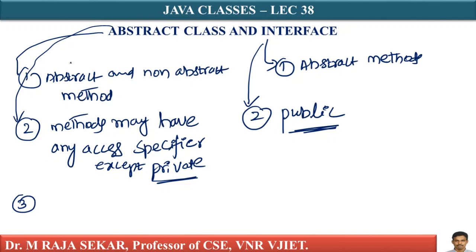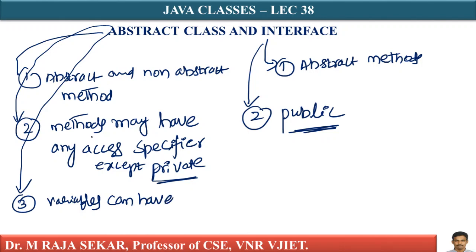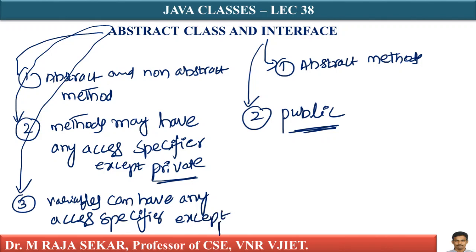The variables, what about an abstract class? The variables can have any access specifier. The second difference is methods, the third difference is variables. Variables can have any access specifier except private.